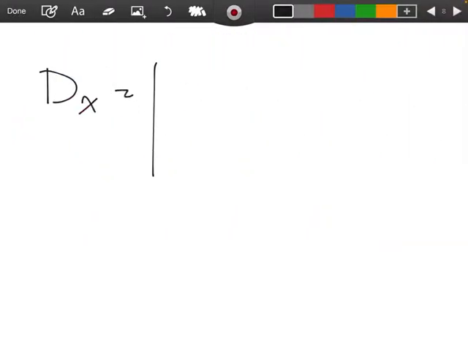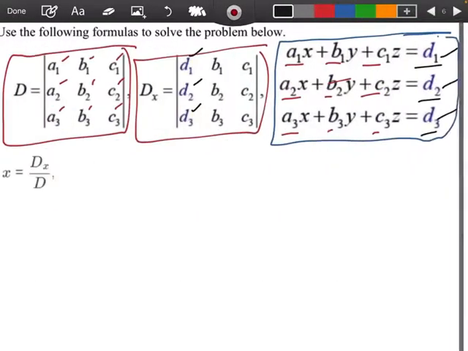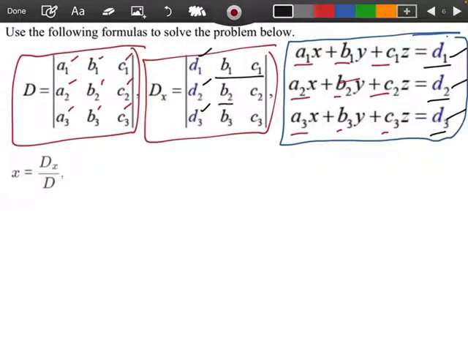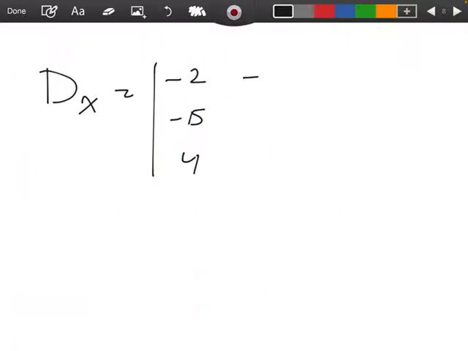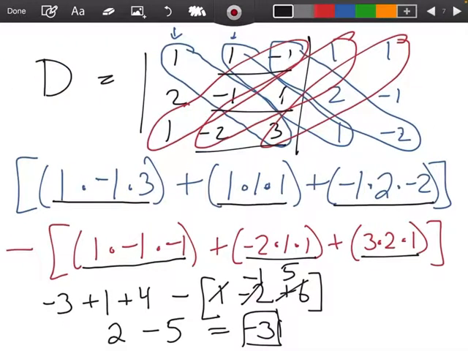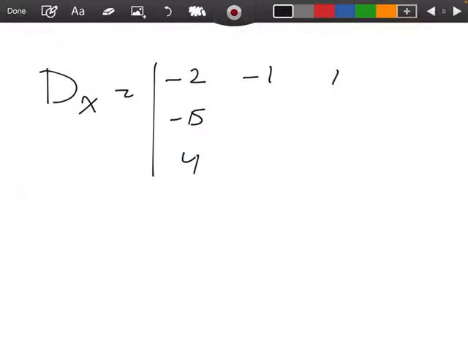Okay, so let's do this. -2, -5, and 4. Okay. Now, these numbers are the same numbers that I had over here. It's the numbers in front of the y's and the z's, right? Which were the same numbers that I had right here. Okay, so let me just use those. So 1, -1, -1 and 1, -2 and 3.